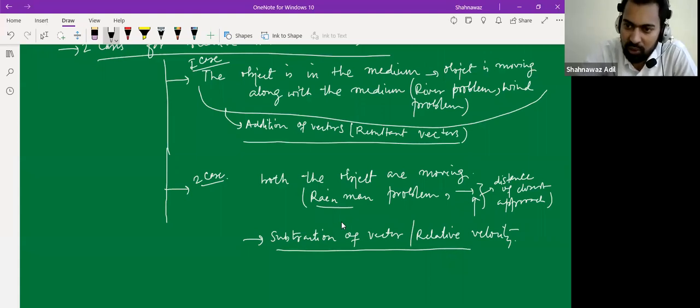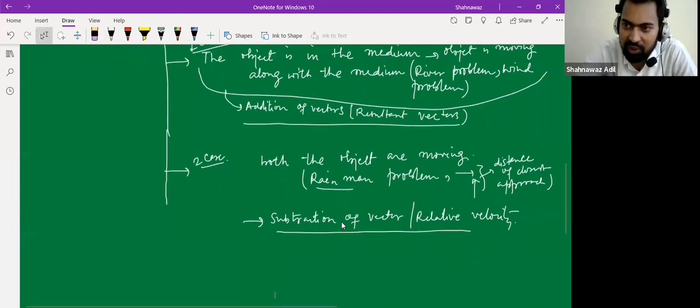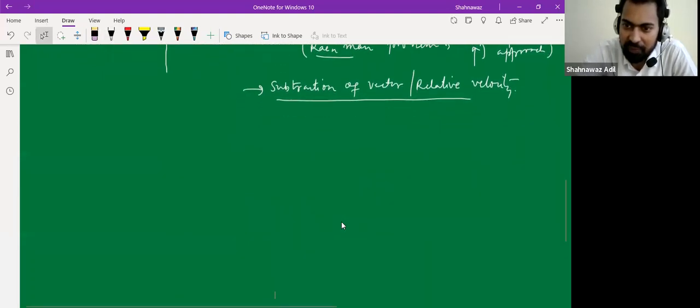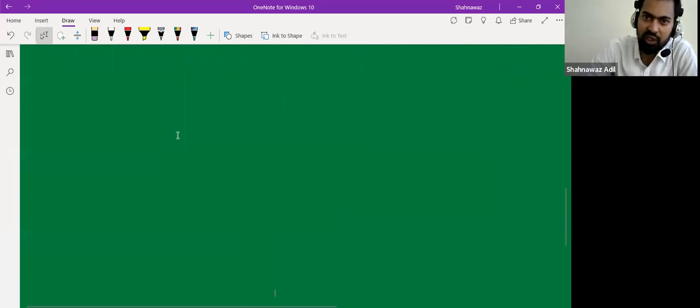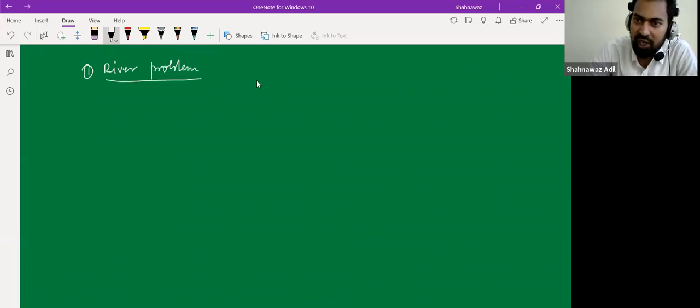Let me give you some examples of that. First is the river problem. Let's say the river is flowing this way, and this is the velocity of the river.